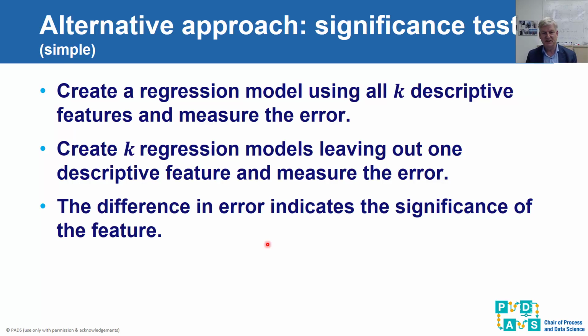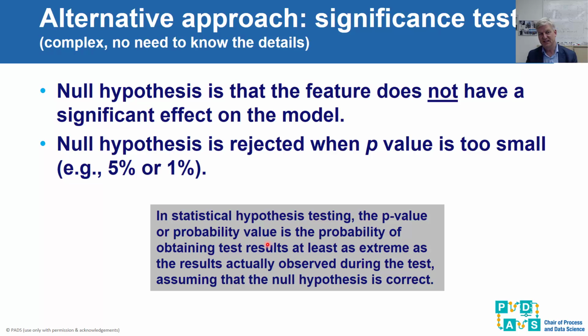But the basic idea is that we test a null hypothesis, and the null hypothesis says that the feature that we want to leave out does not have a significant effect on the model. So the null hypothesis is that the feature does not have a significant effect.